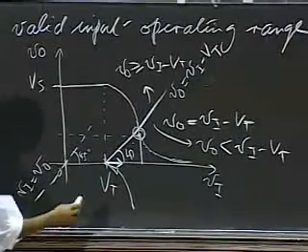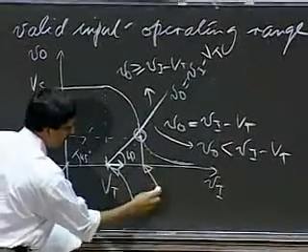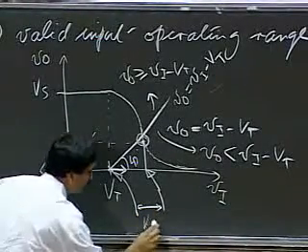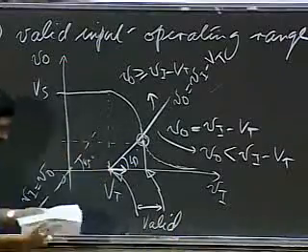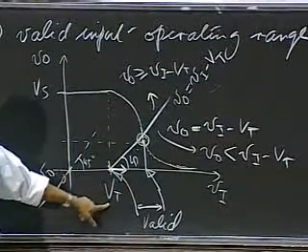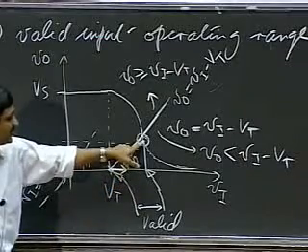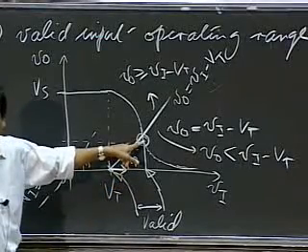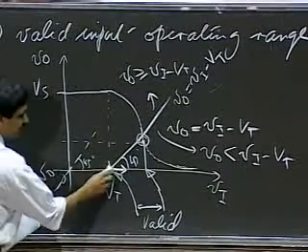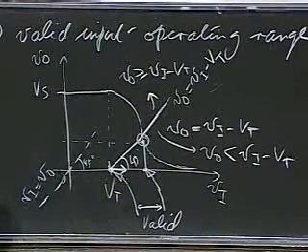If you look at this graph here, this is the valid input operating range, starting at this point, greater than VT. And at this point, my output V0 equals VI minus VT. This must be the valid operating range for the input, here to here.